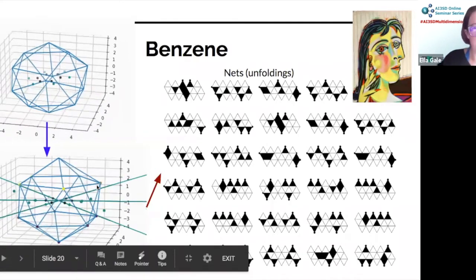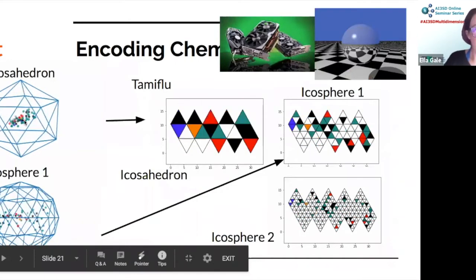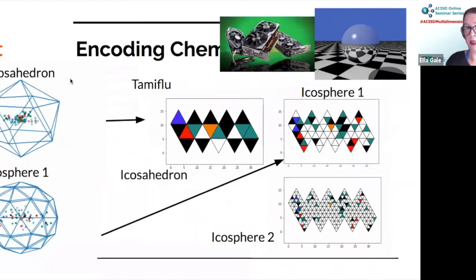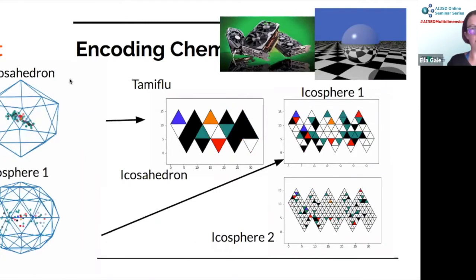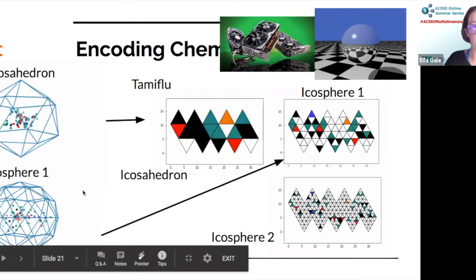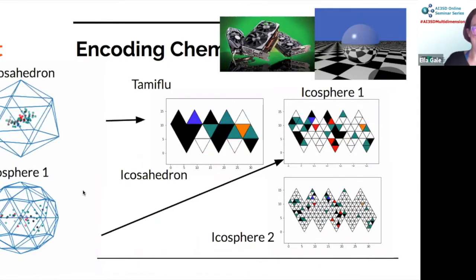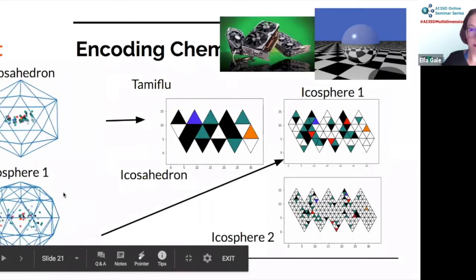I'll give you another example. So this is Tamiflu, and we can put it inside a shape. So we've got an icosahedron there, but we can also make bigger ones, so you can divide the icosahedron to make these other shapes called icospheres. And the more times you divide it, the more like a sphere it gets.